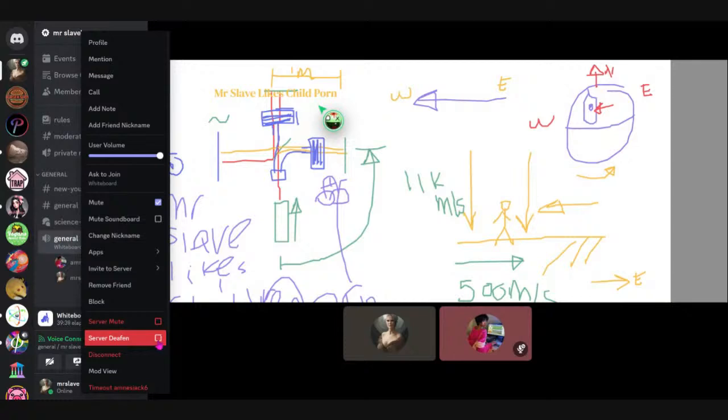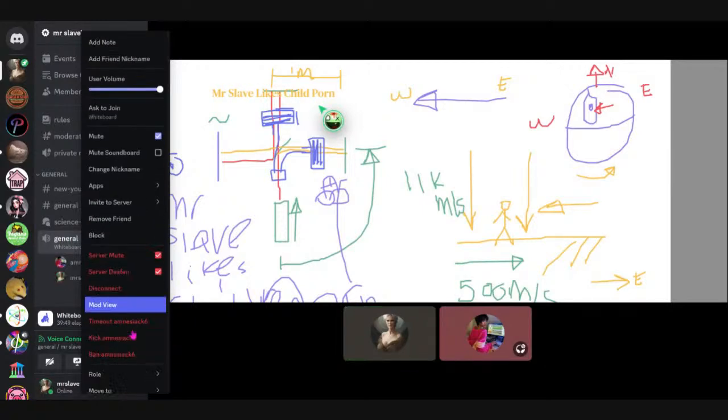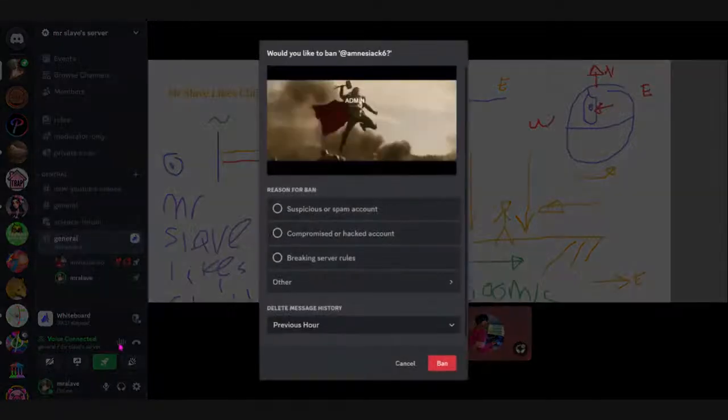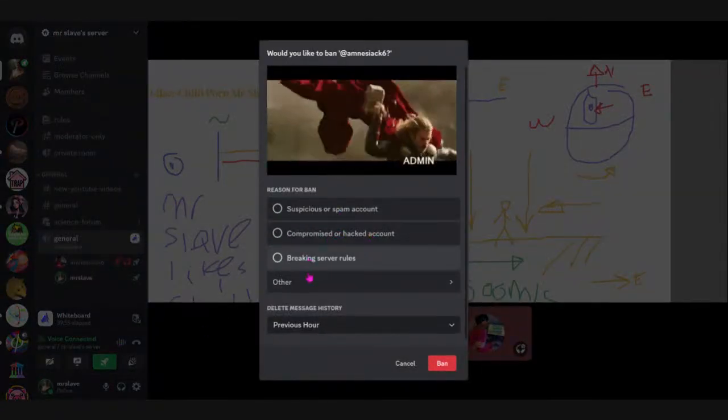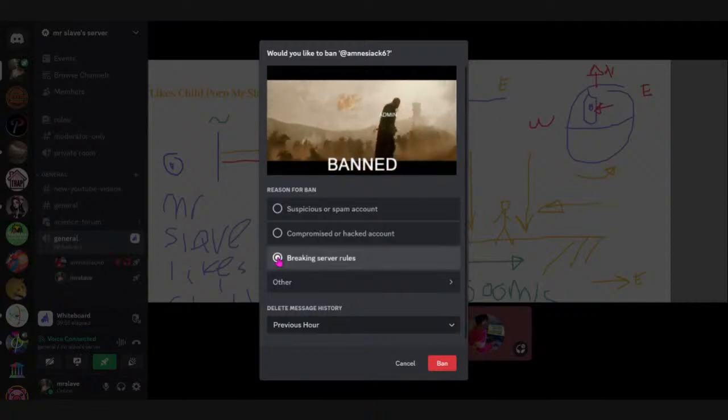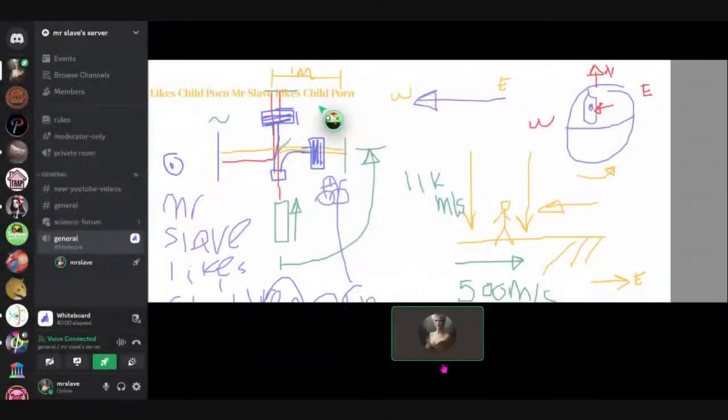Server deafen, disconnect, block. Well, first I'm going to server mute you, server deafen, ban. Suspicious, compromised, breaking server rules, ban. Alright.